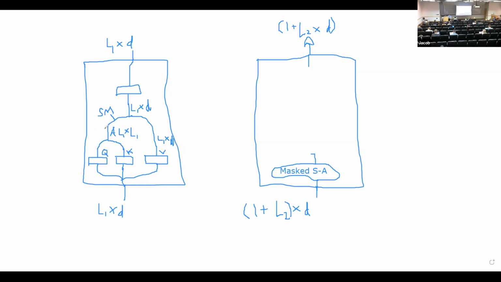Because if you remember, this first L1 came from Q, the second L1 came from K, and this third L1 came from V. And the second and third L1s canceled each other out when we multiplied the attention matrix by V. And so the output dimension was determined by Q. And so we want an output dimension of 1 plus L2 by D for the decoder.